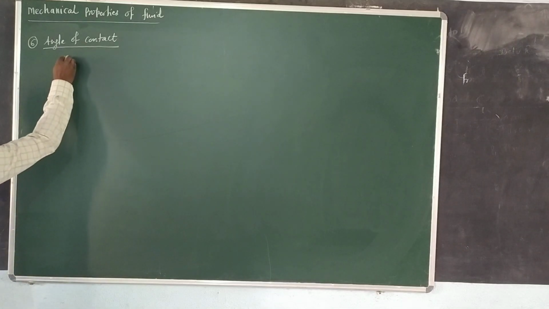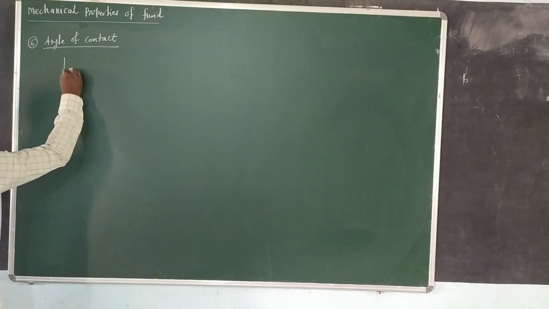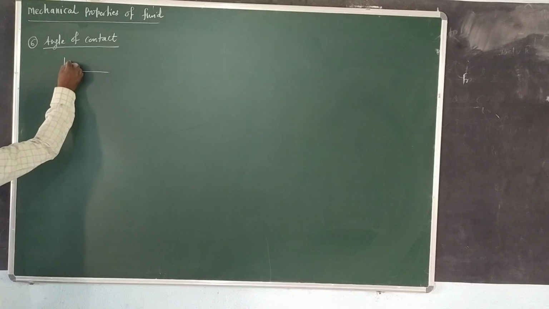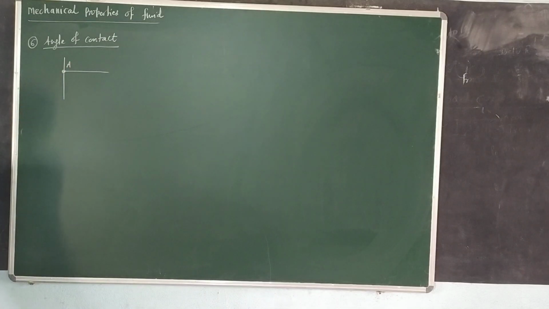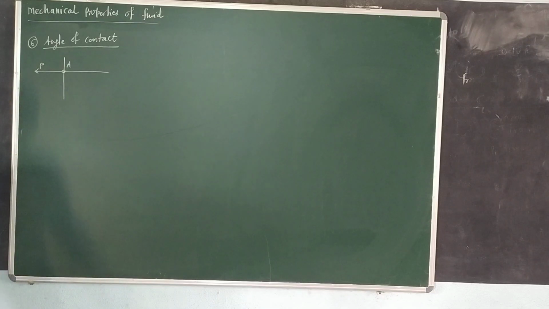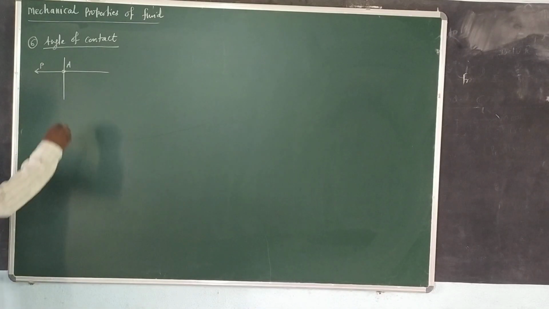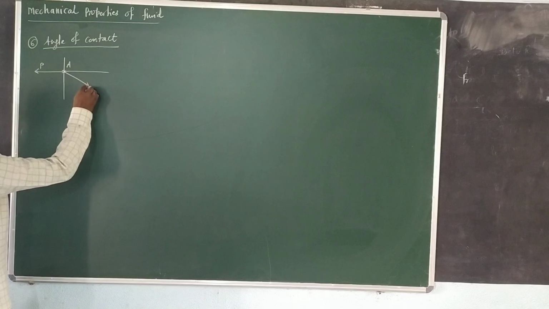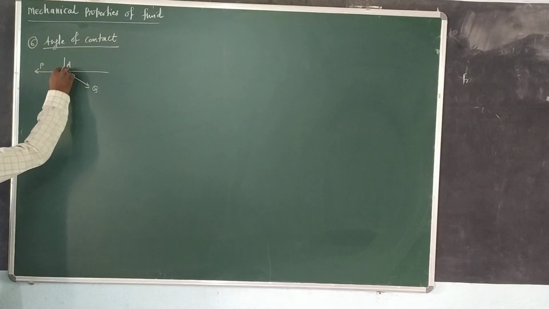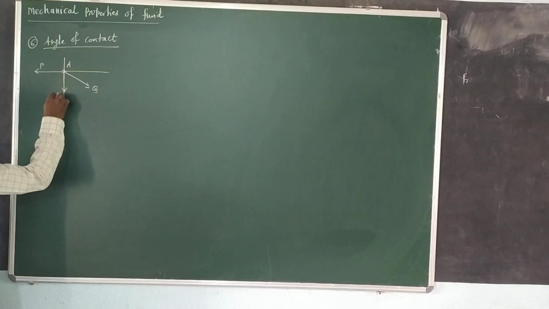Suppose this is solid and this is the free surface of liquid, and this is molecule A at the point of contact. AP represents adhesive force, AQ represents cohesive force, and the resultant of these two forces is AR.